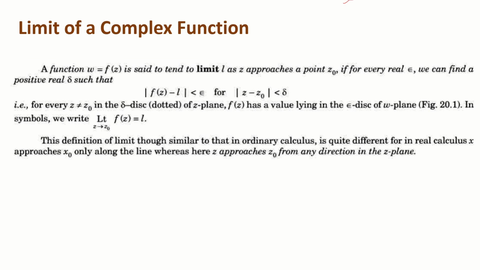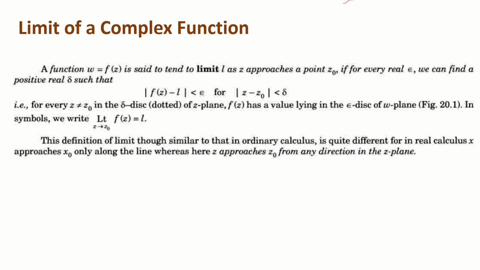When we talk about limit of a complex function, the basic idea stays the same. We approach a certain point in the z plane, and the function approaches a certain value in the omega plane. But the number of possible ways of approaching a certain point in the z-plane is where the difference lies. There are an infinite number of ways of approaching a point in the complex plane. Yes, you heard it right, there are infinite ways.